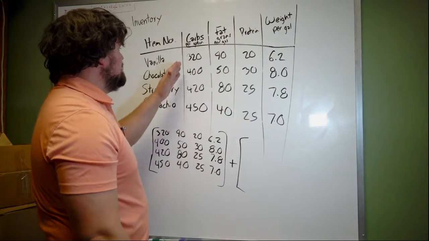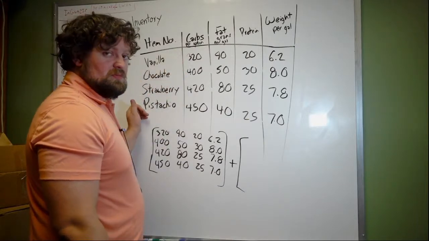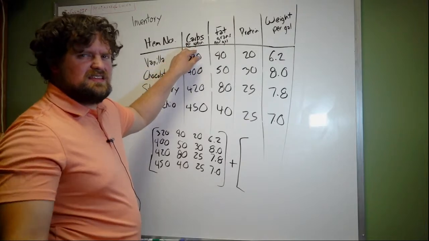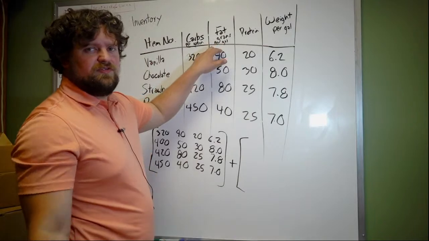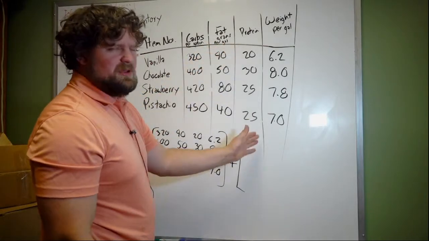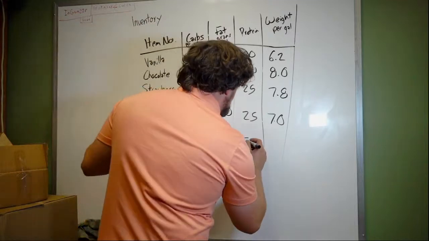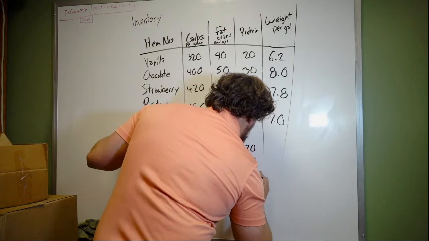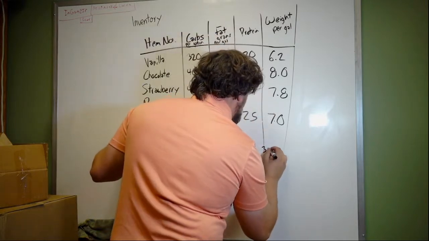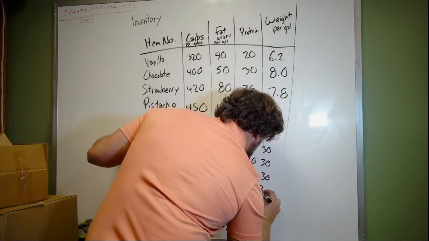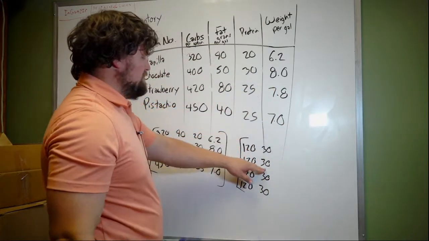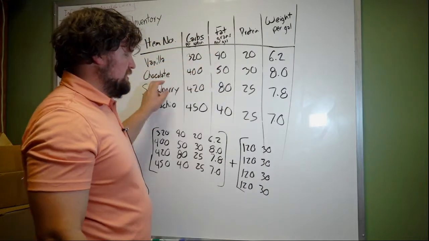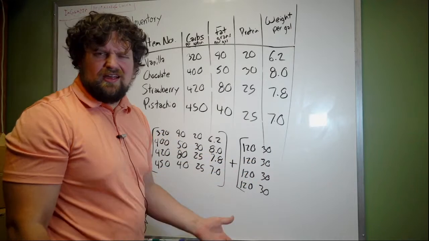Now the thing about it is, it doesn't matter whether it's vanilla, chocolate, strawberry, or pistachio, what it's being put on. The amount of carbs per gallon of chocolate sauce is going to stay the same. The amount of fat per gallon is going to stay the same. So here all my columns are going to be the same. You're going to notice that. Let's say it's 120 for all of these. 30. And again, 30 represents the number of fat per gallon of chocolate ice cream that would be added by adding a gallon of chocolate sauce.